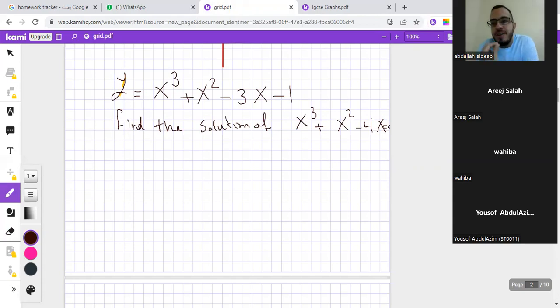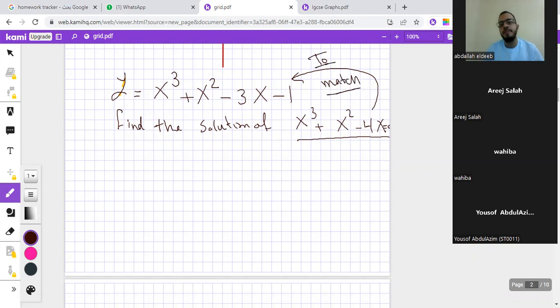Now, the skill is how can you manipulate the lower one to be the same as the first one. Not to combine, I need to change this one to match this one, to be the same.